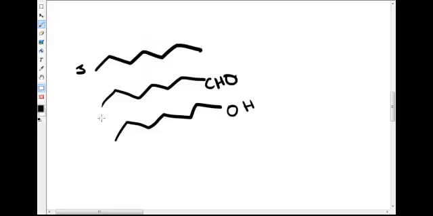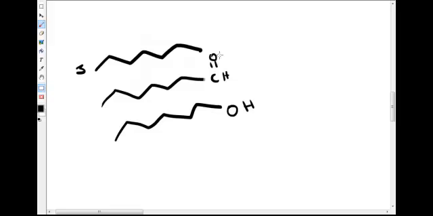Alright, now we're going to look at this molecule. I'm going to draw this a little differently so you get the point I'm trying to make. Now this looks like it's going to be really strong, possibly stronger than anything else we have here, as far as intermolecular forces go.